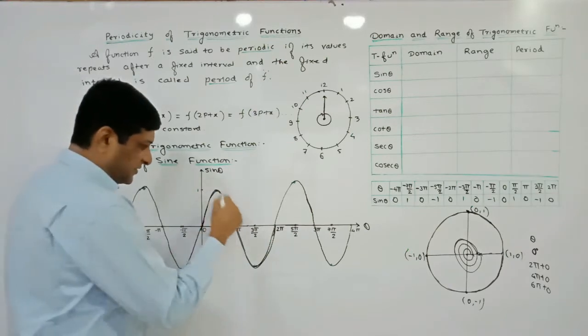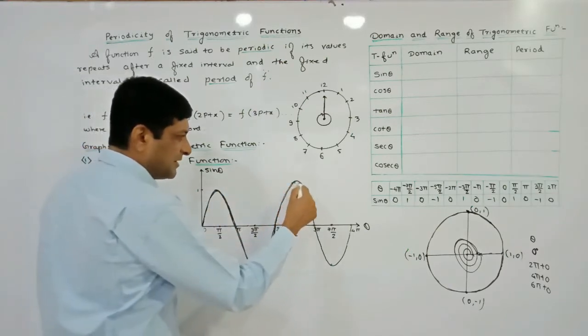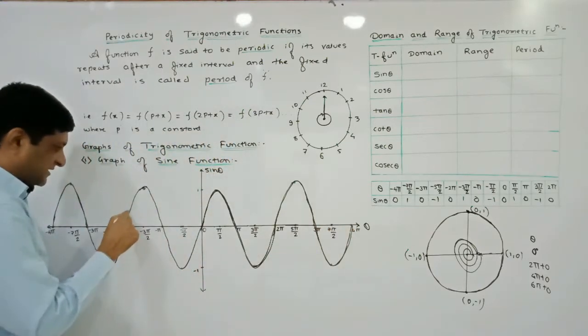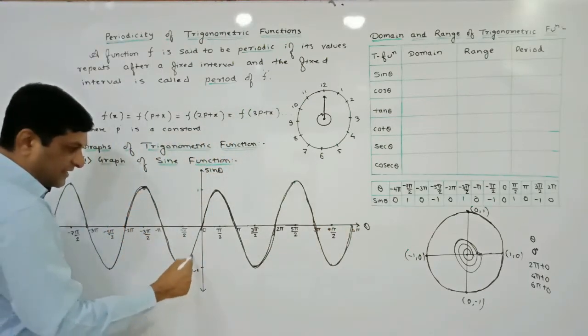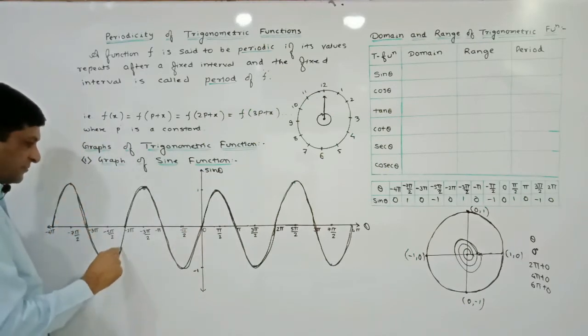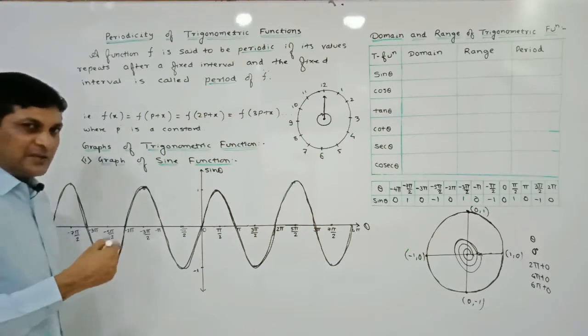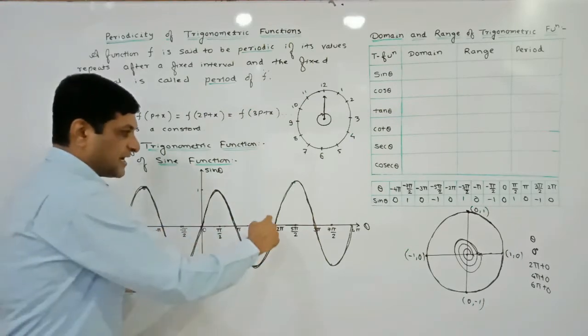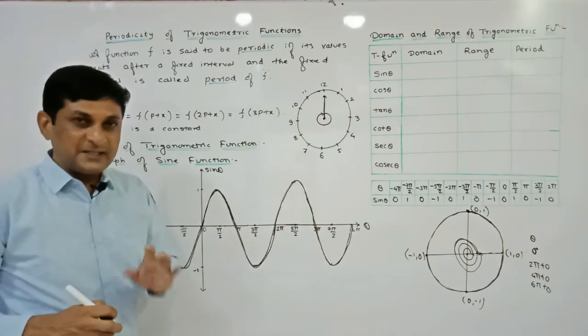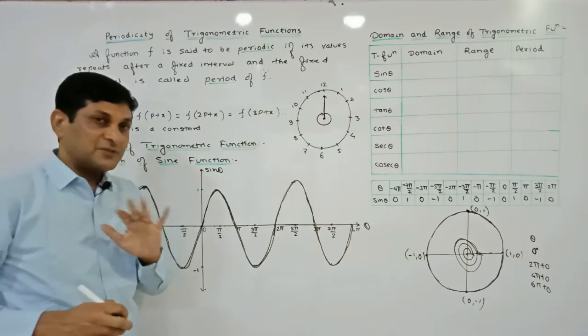Check whether the same graph is repeating. Yes, the same graph is repeating. On this side also check that the same values are repeating. Again here also the same values are repeating. Means if the same values are repeating, a similar type of graph is repeating, so we can say that the function is periodic, isn't it? So here we can say that the sine function is periodic.